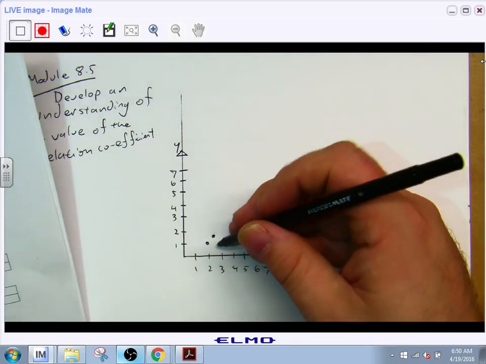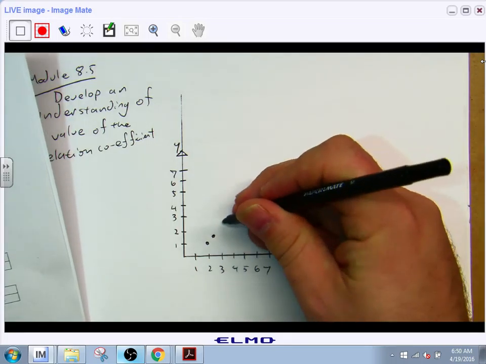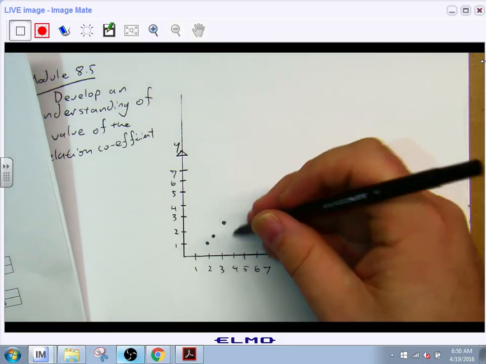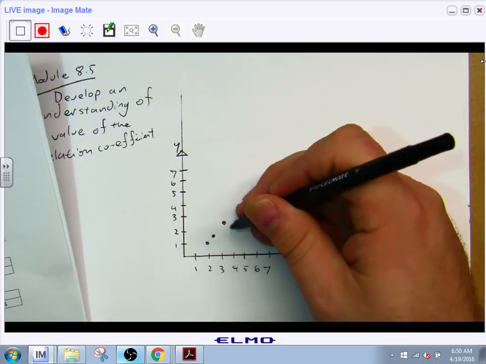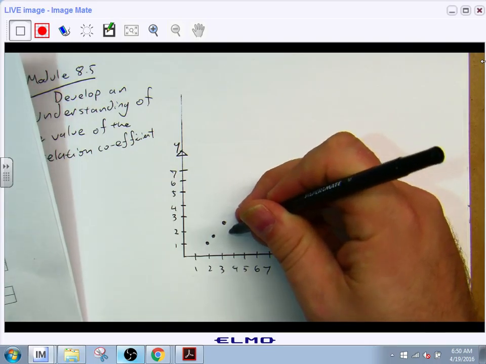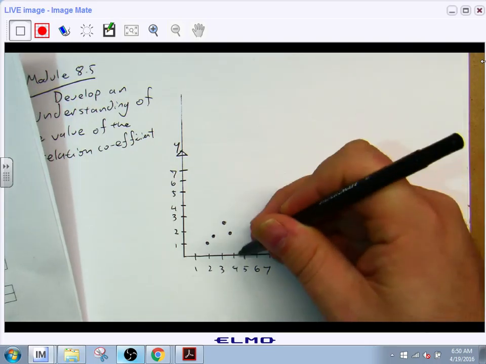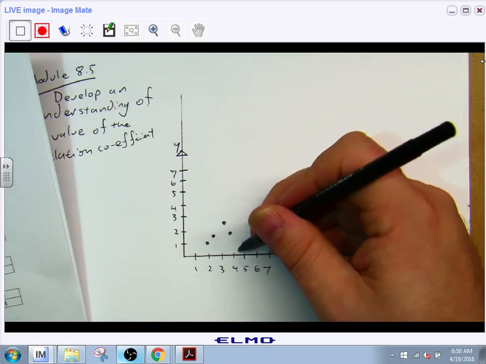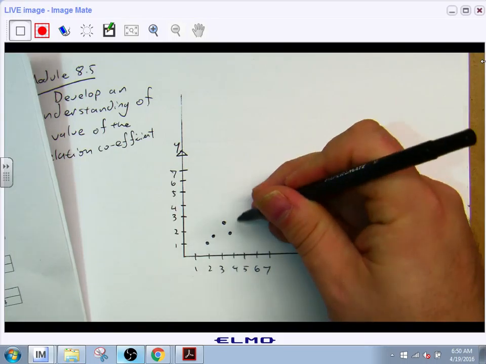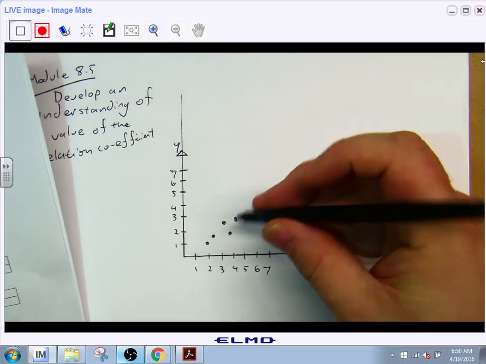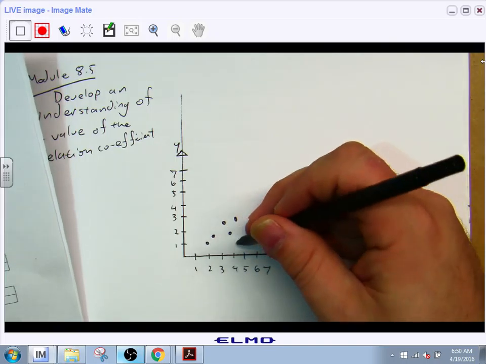The next one is 3.3 and 2.5. Then 3.7, which is getting closer to 4, and 1.9, which is not quite 2. Next one is 4.2 and 2.8. 4.2 is about here, 2.8 is about here. 4.6 and 3.2.